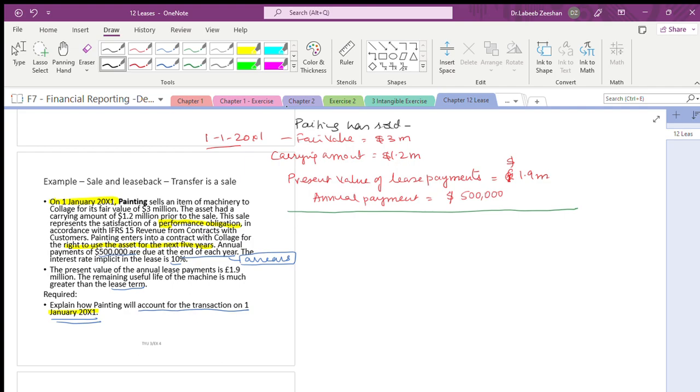They have sold it and entered a contract for the right to use. That is what it says. And we are showing this in the books of painting.